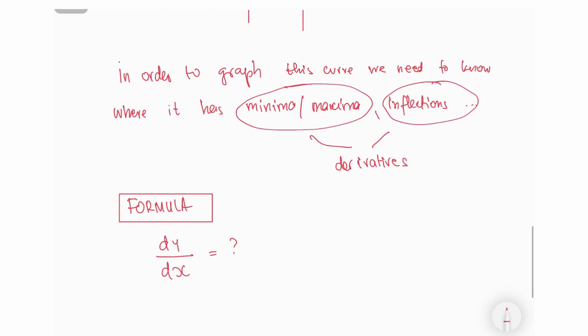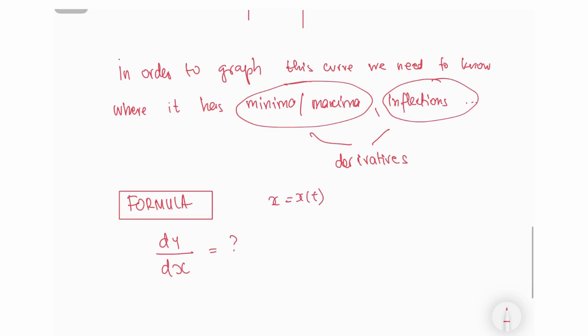Knowing that x is x of t, y is also a function of t, and again we want the derivative by t.